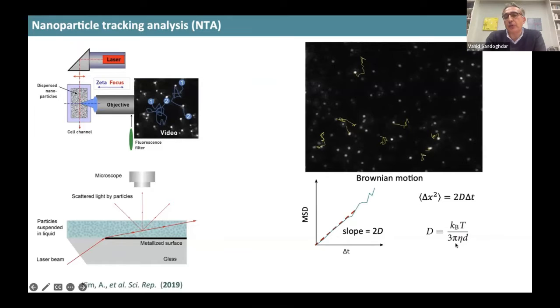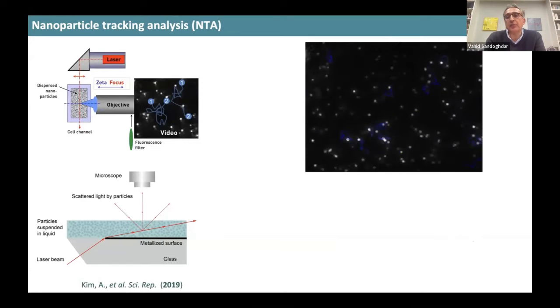And of course, it also depends on the viscosity and temperature of your suspension. But by doing this, people have been extracting the size of particles for quite a number of years now. Again, also in commercial devices, and it has been applied many times.